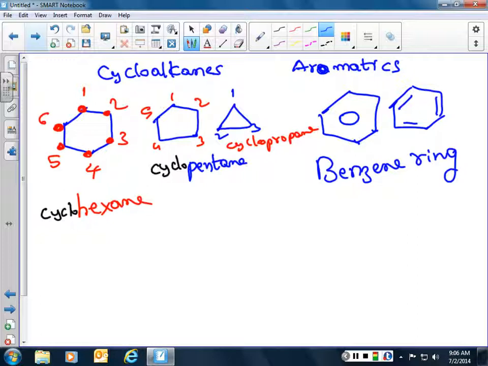Now, can you find out the molecular formula? Let's see for each one of them. Let's see who will get the molecular formula right.